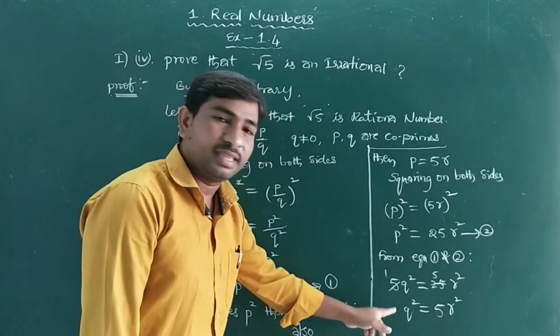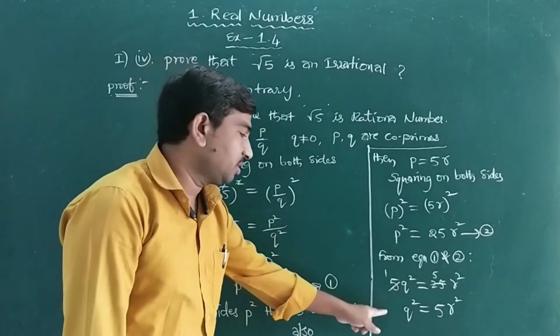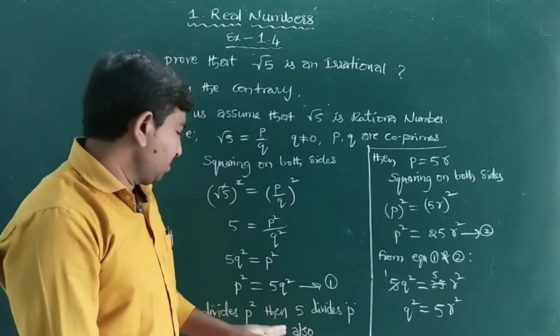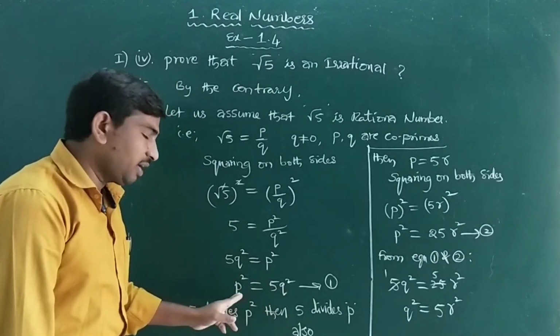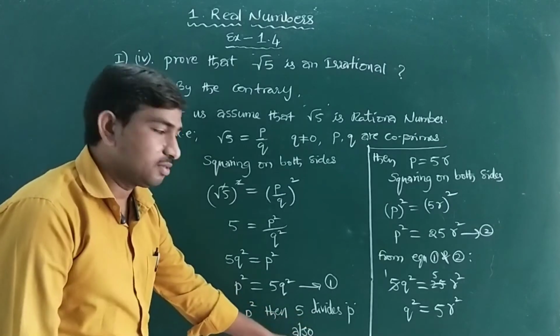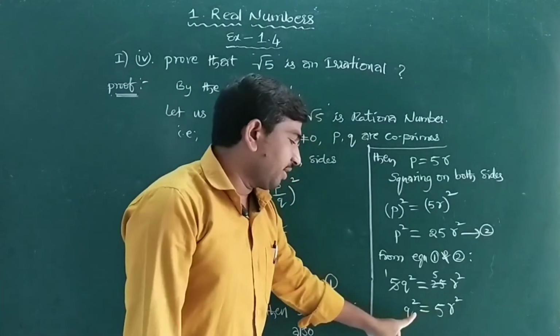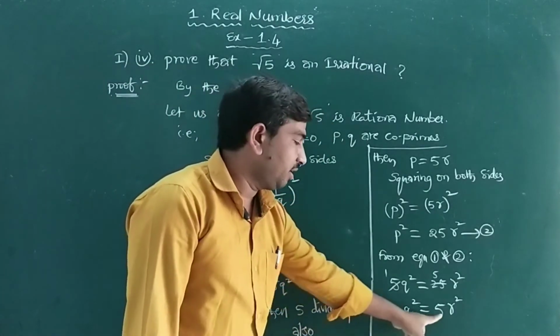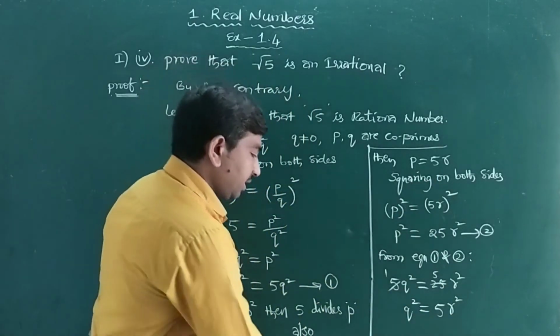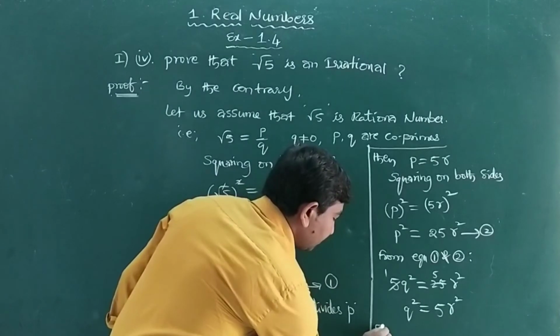By observing q square is equal to 5r square, in the same manner as before, 5 divides q square, then 5 divides q also.